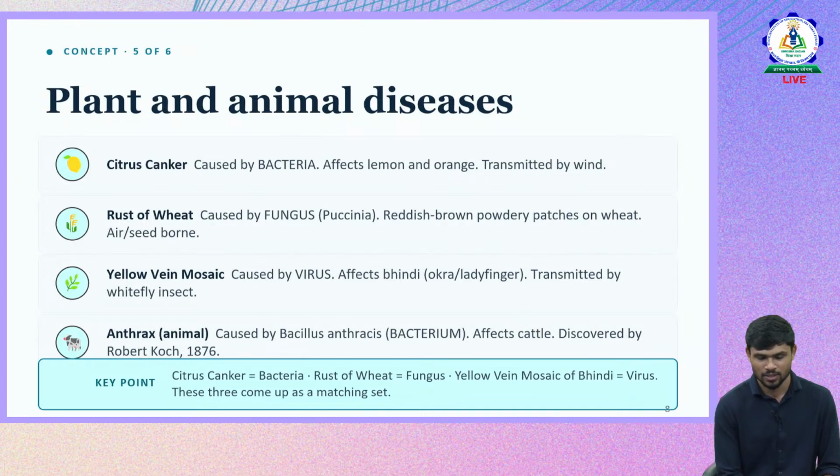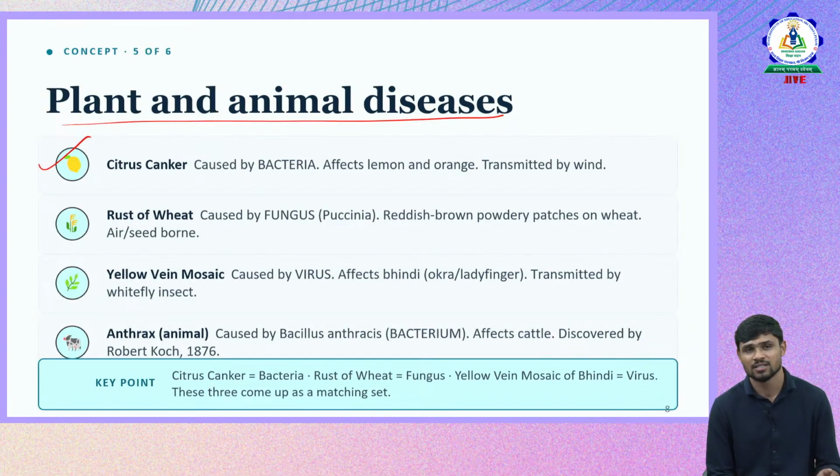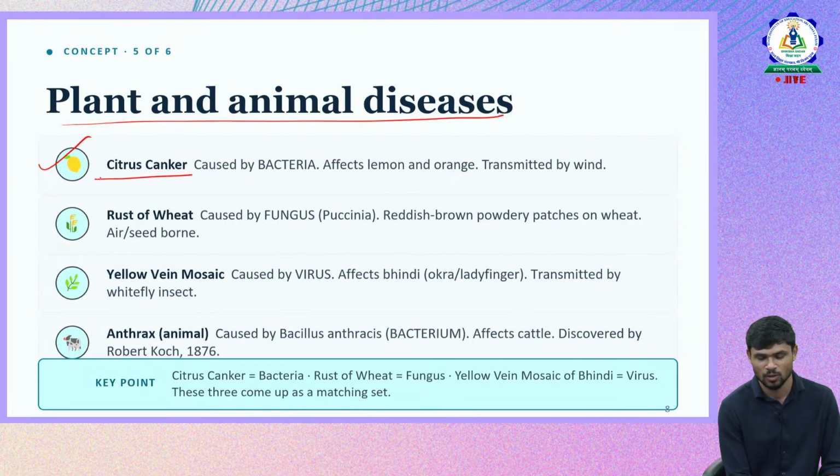So these are a few plant and animal diseases which we need to remember. Memory-based questions will appear from the diseases of plants and animals which are caused by microorganisms. Citrus canker, a commonly asked disease, is caused by bacteria. It affects lemon and orange, and is transmitted by wind.